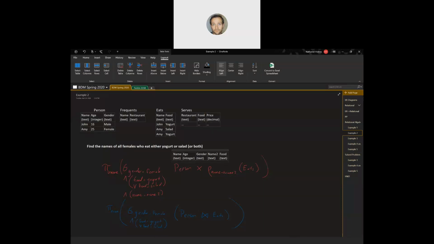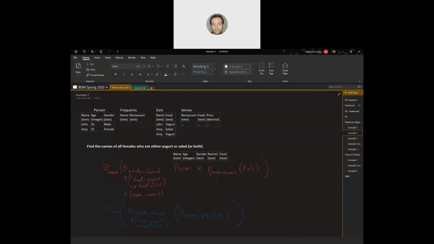And we want the names to be the same. So this is without using the natural join in red. With the natural join, you'll see that the renaming goes away, the cross product turns into a bow tie, and you can get rid of one of these names here.